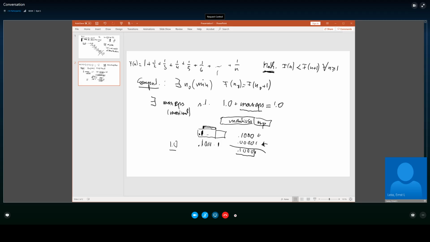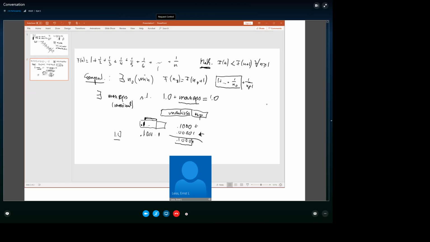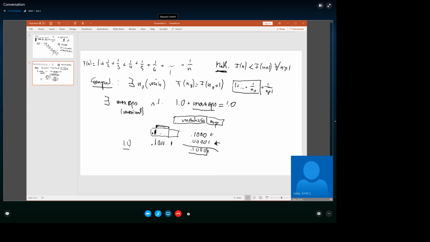And so that's, of course, what is happening when I look at this summation, 1 plus 1/2 plus 1/3 plus 1/4 and so on, because eventually the f of n sub 0, so I have 1 plus etc. up to 1 over n sub 0, this quantity is such that when I add the next term, 1 divided by n sub 0 plus 1, this essentially will be a scaled max epsilon.